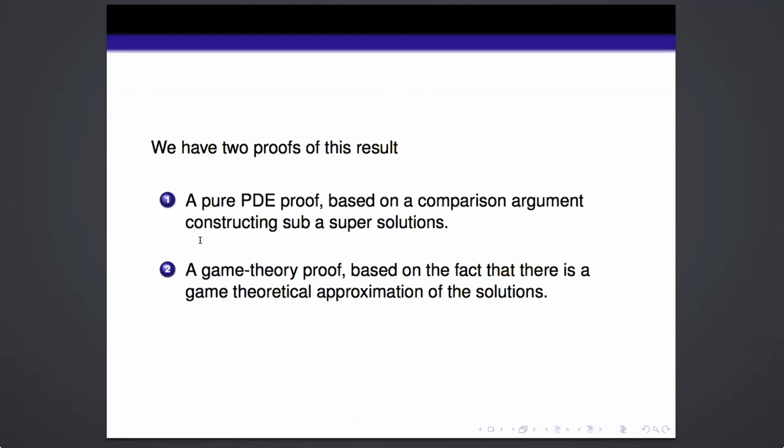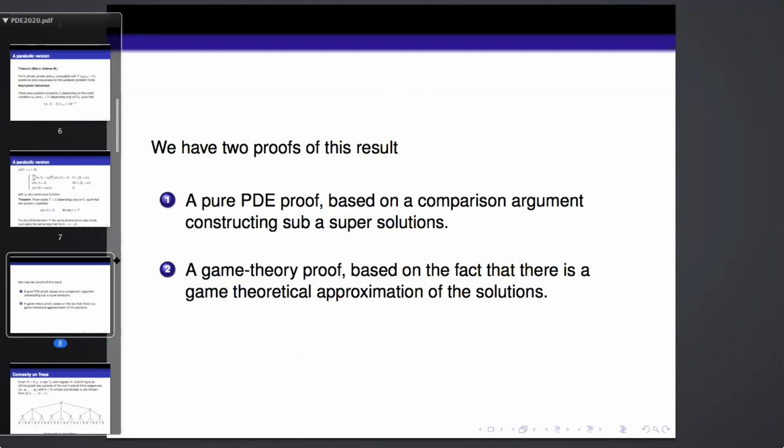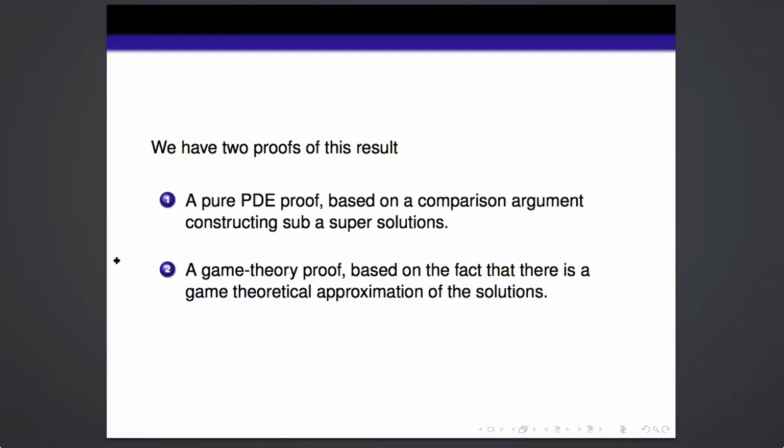We first found this game theory proof using a probabilistic interpretation, which I didn't mention, of these elliptic and parabolic problems. We found this game theory approximation of the solutions to the parabolic problem. And in this game theory approximation, you can find a very nice argument that bounds the time in which your solution reaches 0.